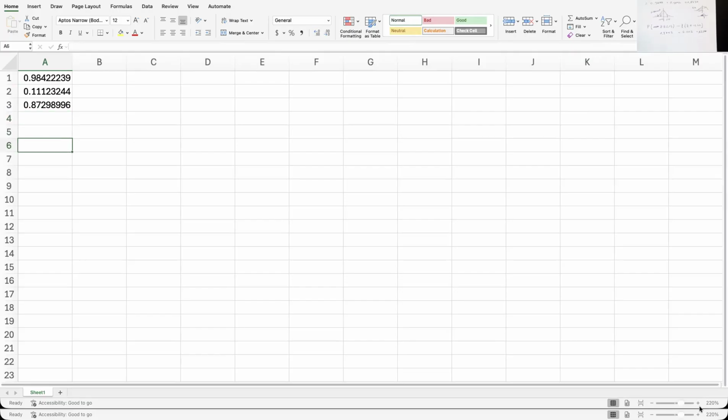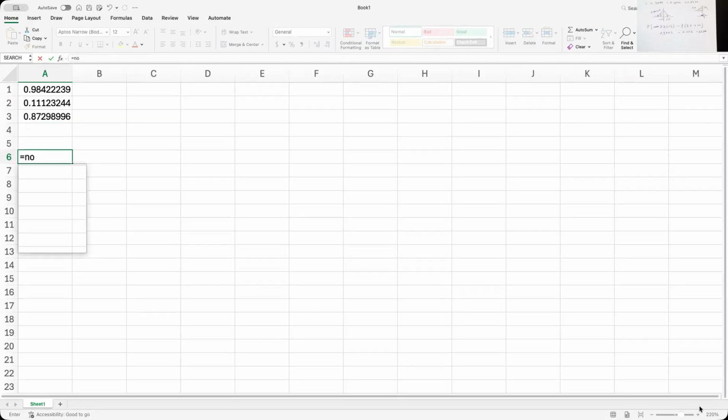By the way, if I don't want to keep typing mean and standard deviation, there's another distribution there with a dot S on it. That automatically does standard: NORM.S.DIST.